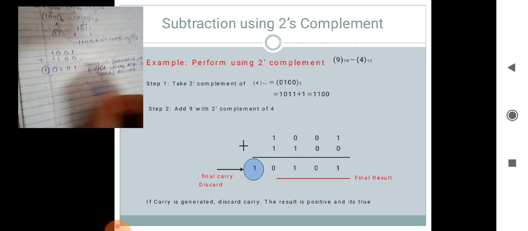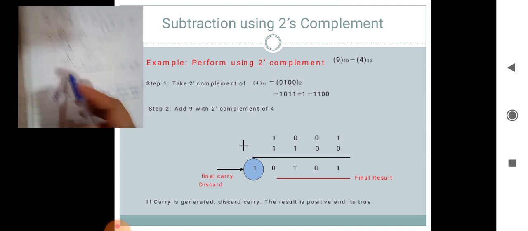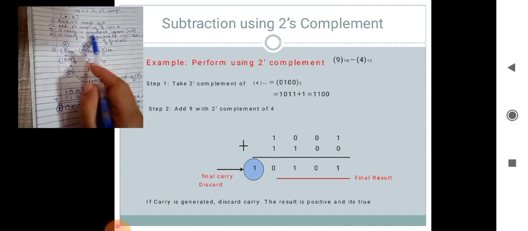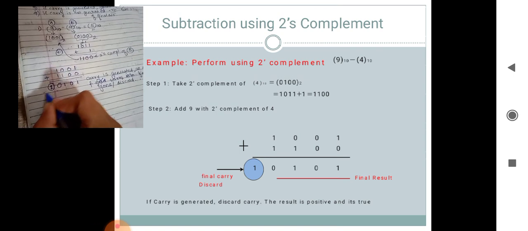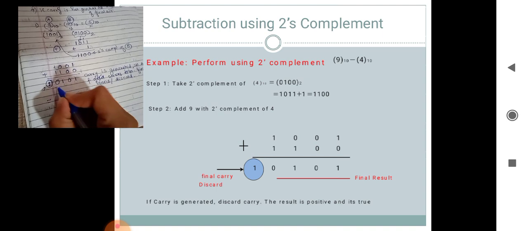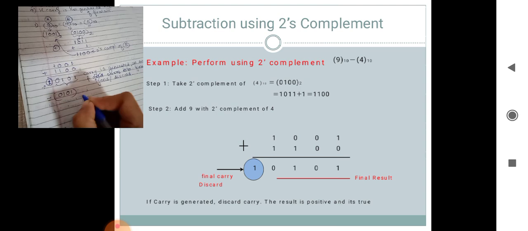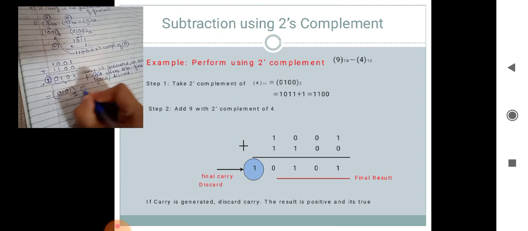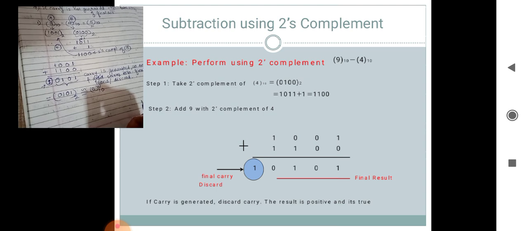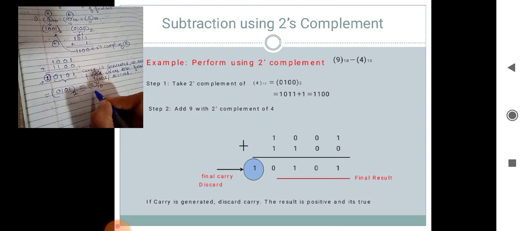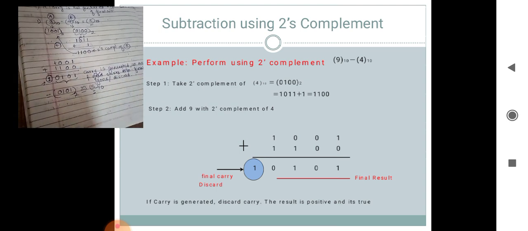If carry is generated in 2's complement subtraction, we have written the rule over here: if carry is generated, ignore that carry and the answer is positive. So we'll ignore this carry and we'll consider only these bits as the answer, 0101 to the base 2, which is equivalent to decimal 5. So this is the correct result we got with the help of 2's complement subtraction.